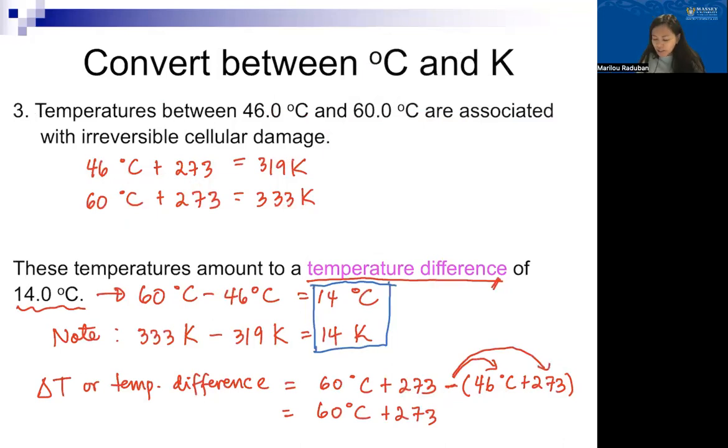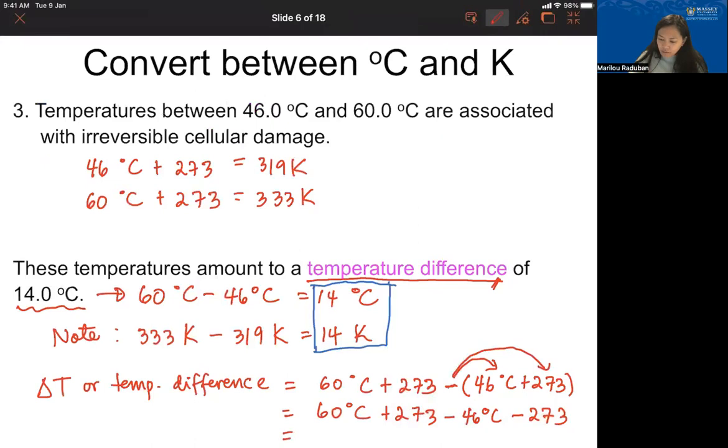So the minus sign is multiplied to each term in the bracket. So you have minus 46 degrees Celsius and minus 273. So you'll notice that you have plus 273 and then a minus 273. So effectively, when you are taking the temperature difference, the conversion factor 273 cancels out.